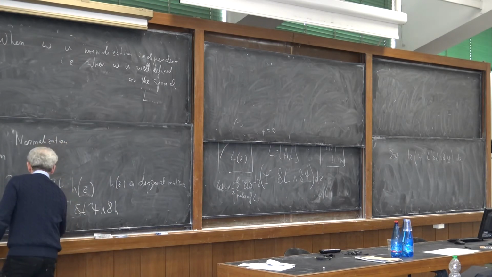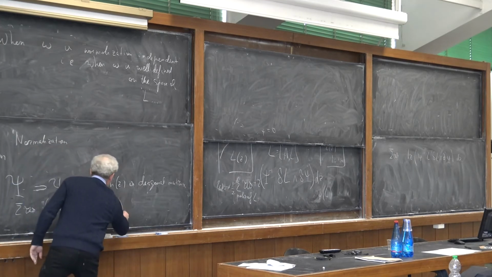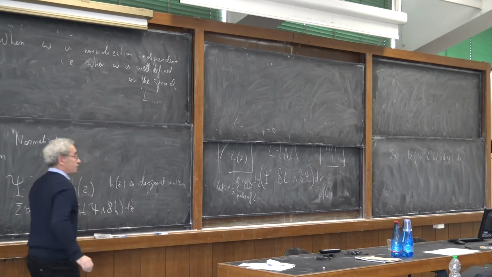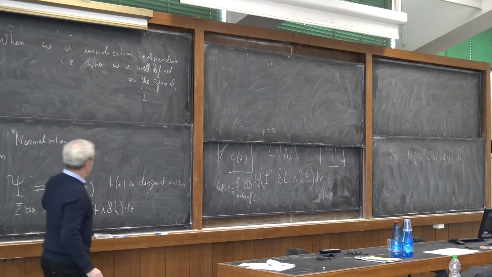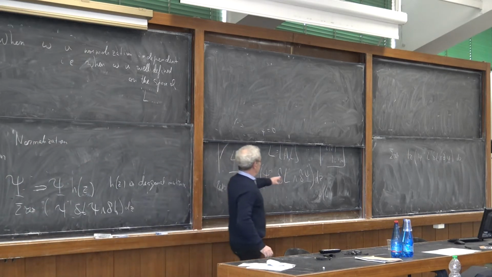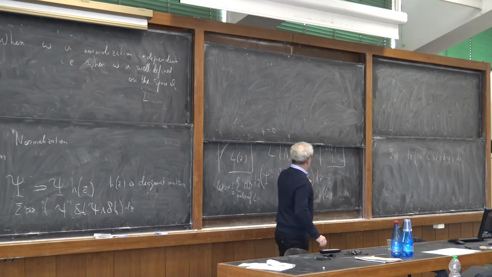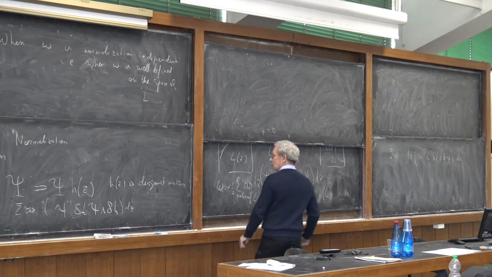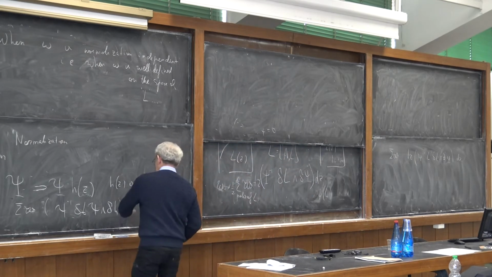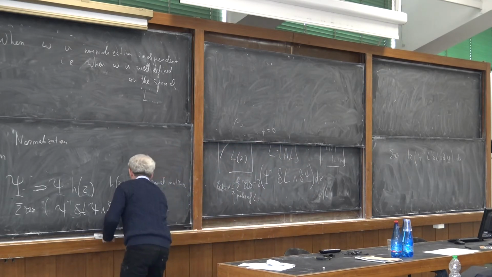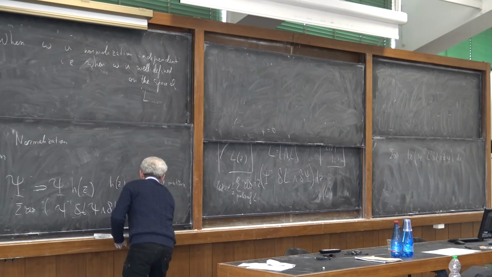Sum of residues, dz. Okay, delta psi comes in. When you take psi times h inverse, you just compute delta h inverse, dz.